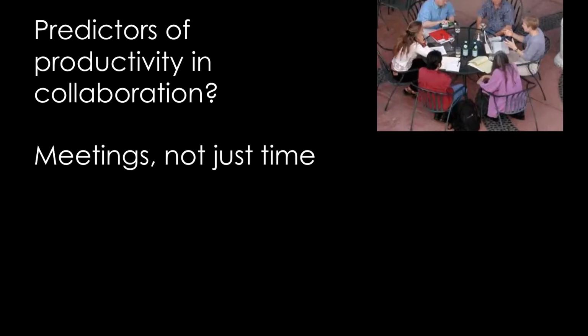And what we found in doing a multivariate analysis was that it's not just the amount of time that a group is active, but it's the number of meetings they have. So how many times do they actually get together face to face? And so you've got a number of factors. First of all, you've got your accountability to your colleagues.